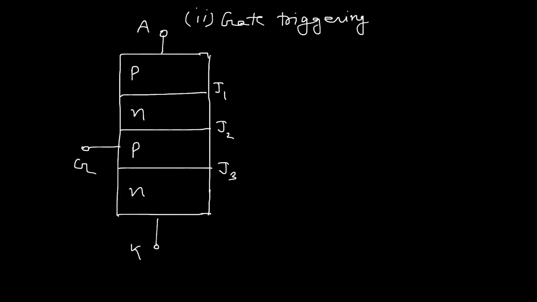Let me give an example. Suppose the specification of an SCR is given: the breakover voltage VBO is 800 volt, and the normal working voltage supplied is 400 volt.